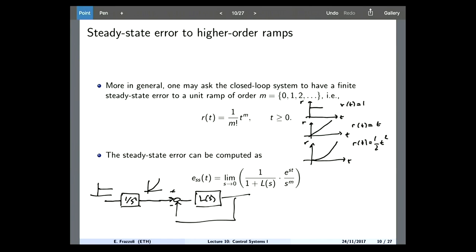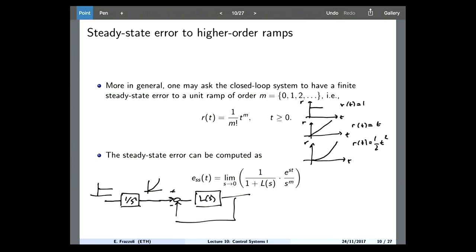Well, you just have a series of 1 over s squared, or 1 over s to the power m, if you want to look at the mth order ramp. And then you have your closed loop transfer function, which is actually the sensitivity function, the transfer function from this input to the error.